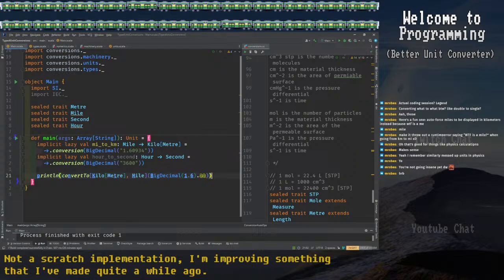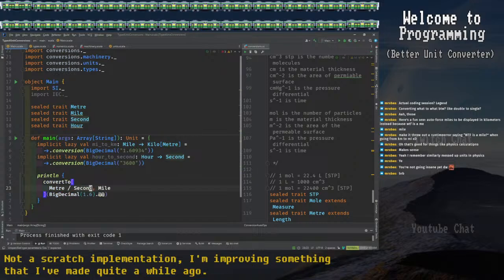So let's try this call. Let's try a complicated conversion. Let's convert kilometers meters per second into miles per hour per second.